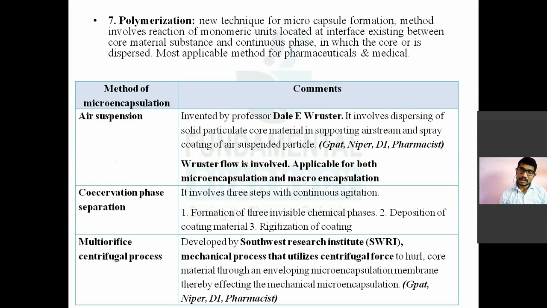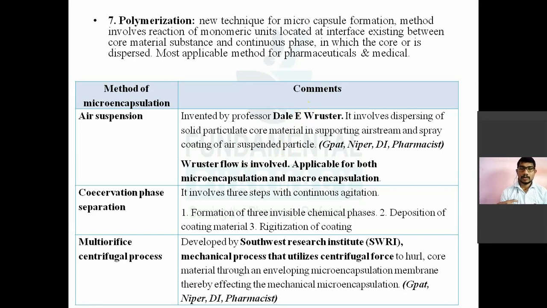इसमें क्या होता है कि मान लीजिएगा आपके पास परफोरेटेड चेम्बर है, उसमें आपको पाउडर रखना है और बॉटम से आपको एयर पास करना है. एयर जब पास करेंगे आप, तो that powder particles will be suspended in the air. Okay, that powder particle will be dispersed in the air. And now you just have to spray the coating solution over there.